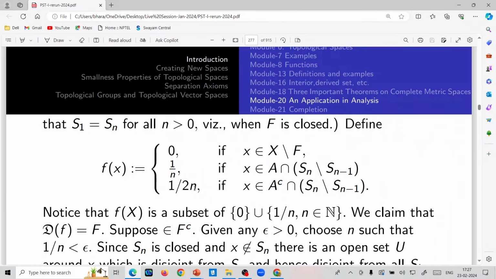Any irrational number you introduce here. Take any irrational number, divide by n. There is some small typo here. I have taken pi, we'll see that later on. So that is for all the points inside the complement of A, inside Sn but not in Sn minus 1.